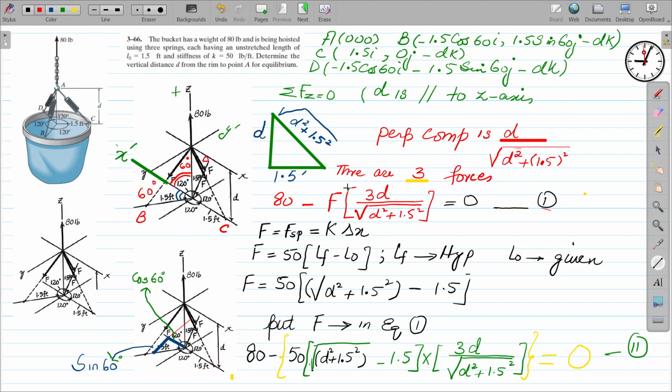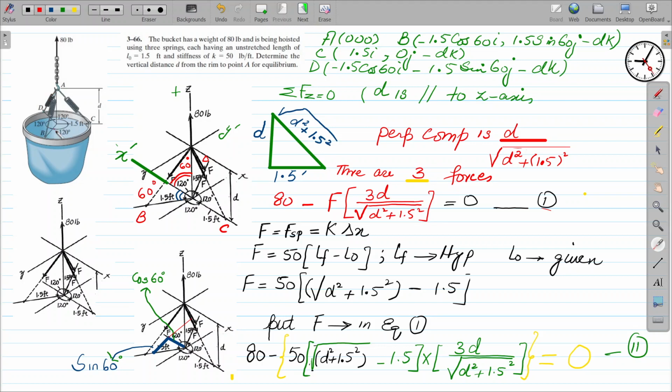Now we know that we are going to need to calculate this d. So d is along the z-axis, it's parallel to the z-axis. If we are interested in calculating d, we have to calculate this component of force. This is our force, but we want this component of force.